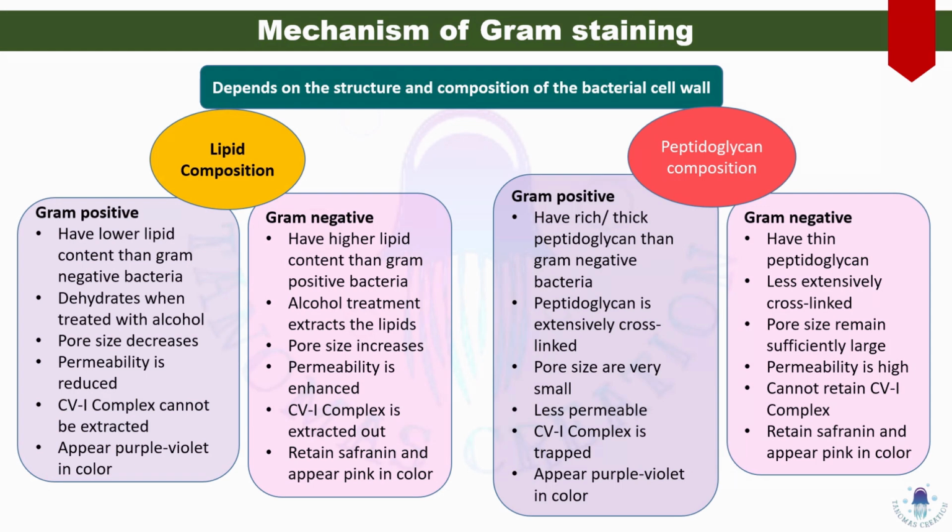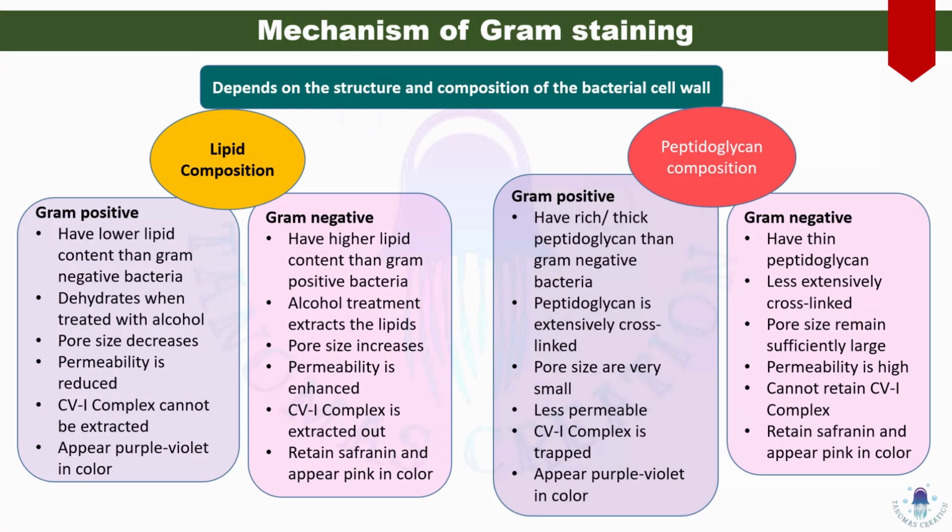Whereas gram-negative bacteria have a very thin peptidoglycan as compared to gram-positive. Therefore, they are less extensively cross-linked. Pore size remains sufficiently large, permeability is high, and they cannot retain the CVI complex. It gets washed out. Therefore, they retain safranin and appear pink in color.